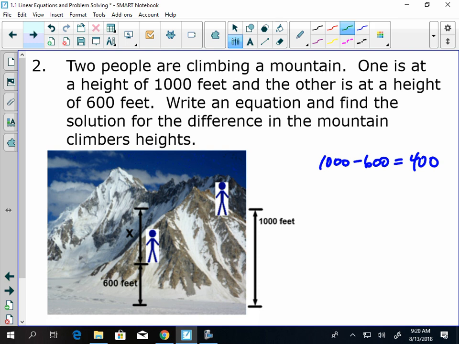So what I can do is, I know that this dude's at 1,000 feet, right? So I can say 600 plus x equals 1,000. See, 600 plus some distance is going to bring me to 1,000, since 600 plus 400 is 1,000. I don't like that way.